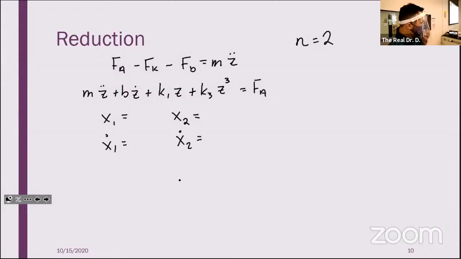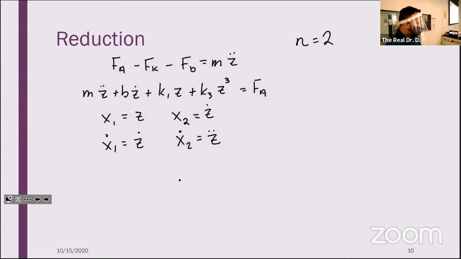So z and z dot, and z dot and z double dot. Now, again, this is basically the same system that we saw in our video just now. It's just that we have a nonlinear spring. That's the only difference. So it's still second order. We still need two state variables. Remember, that's the significance of order when it comes to state space. The order that you have is the number of state variables that you need.